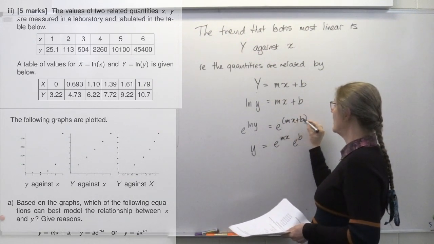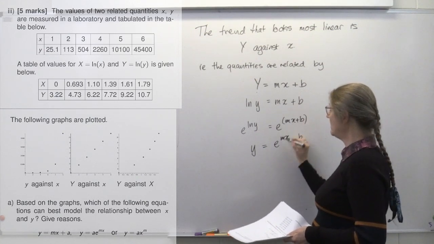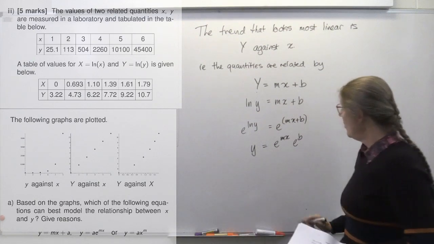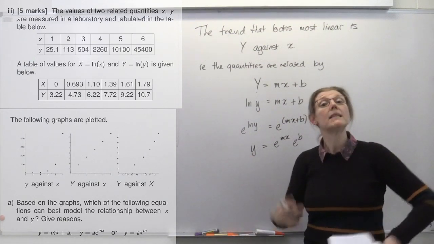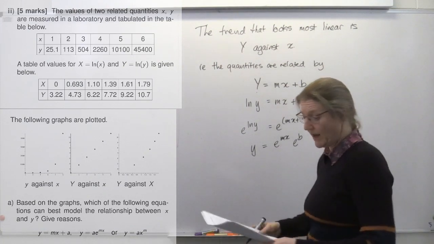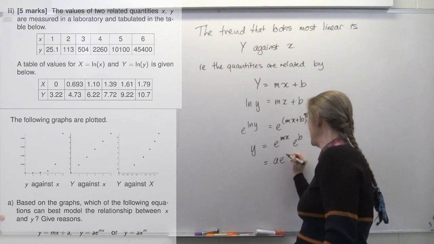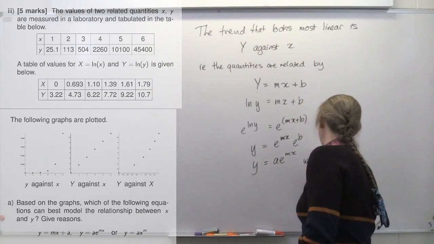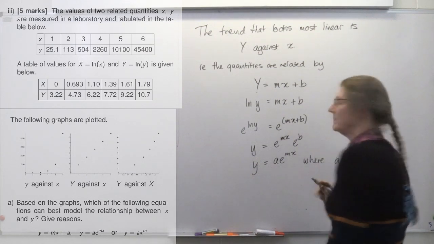Because if I've got an addition in my exponent, it's e to the first bit times e to the second bit. Now, e to the b: well, b is just a number, so e to the b is also just a number. And so I can write this as a e to the mx, where a is equal to e to the b.